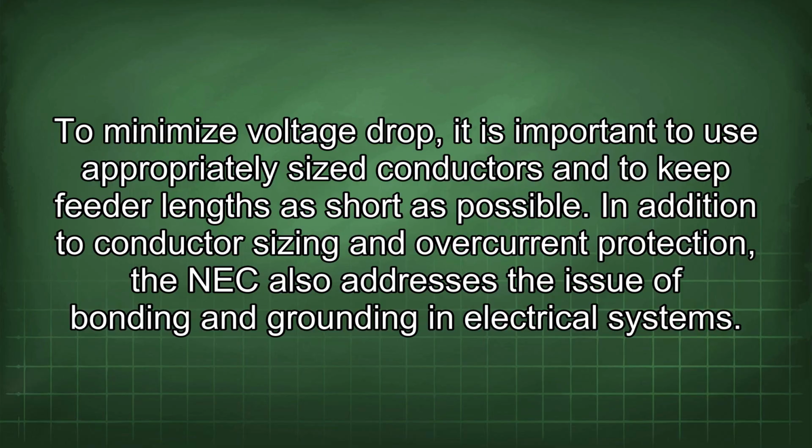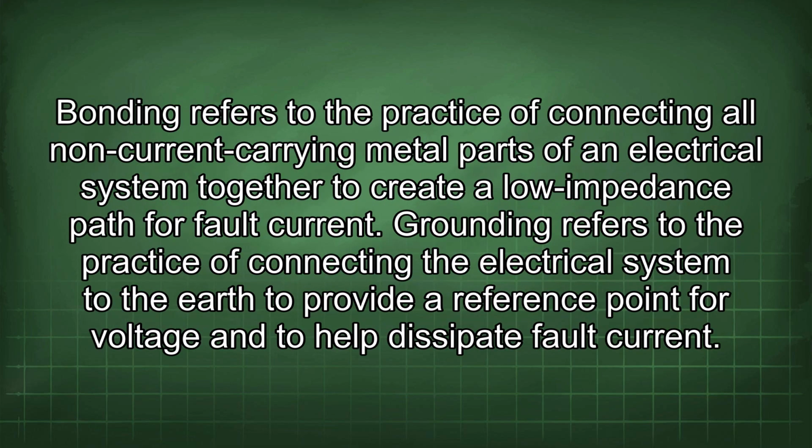In addition to conductor sizing and overcurrent protection, the NEC also addresses the issue of bonding and grounding in electrical systems. Bonding refers to the practice of connecting all non-current carrying metal parts of an electrical system together to create a low impedance path for fault current. Grounding refers to the practice of connecting the electrical system to the earth to provide a reference point for voltage and to help dissipate fault current.